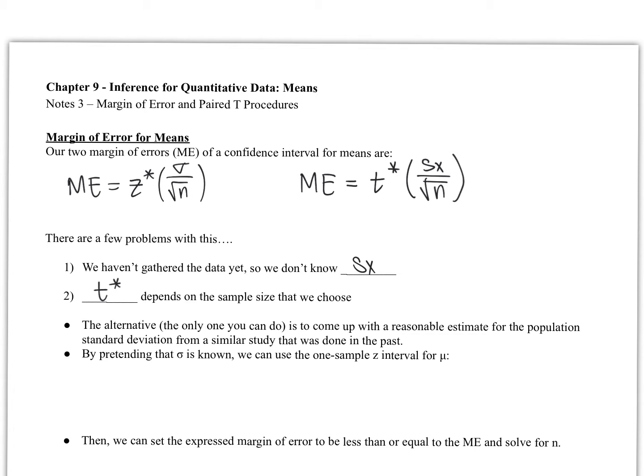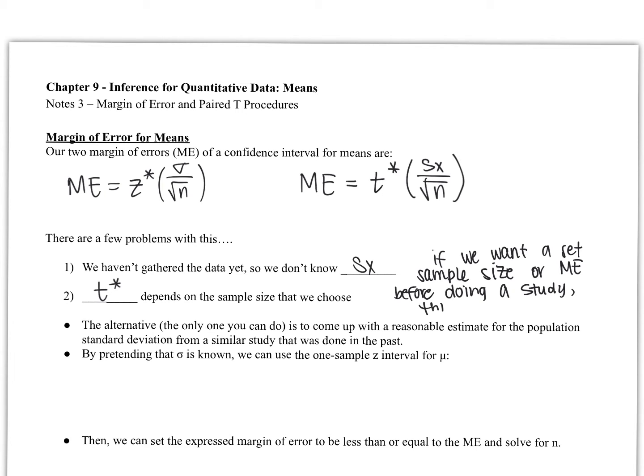So the problem is, if we want a set sample size or margin of error before doing a study, this is a problem. This is based on if we use our margin of error formula for a sample.